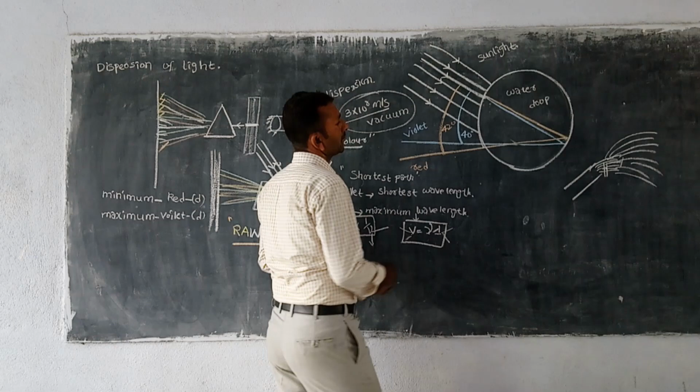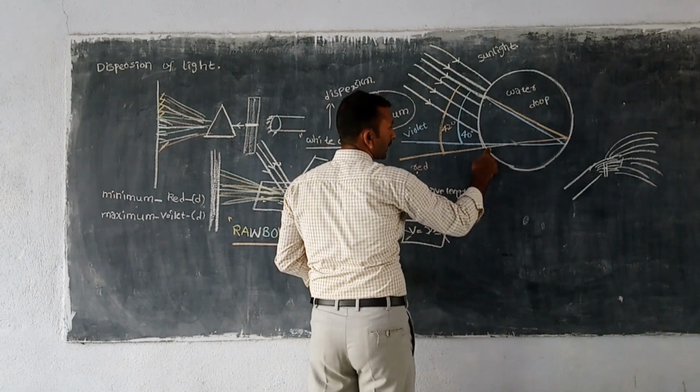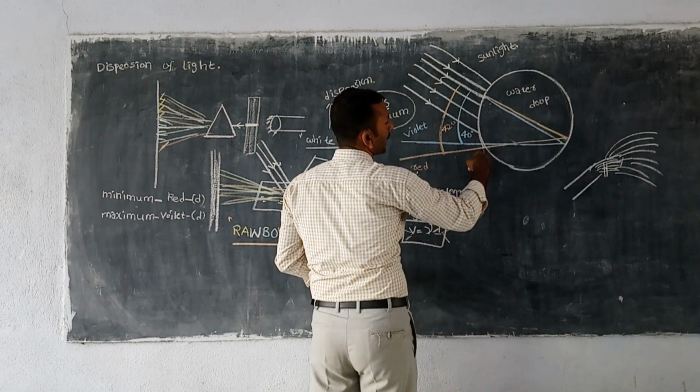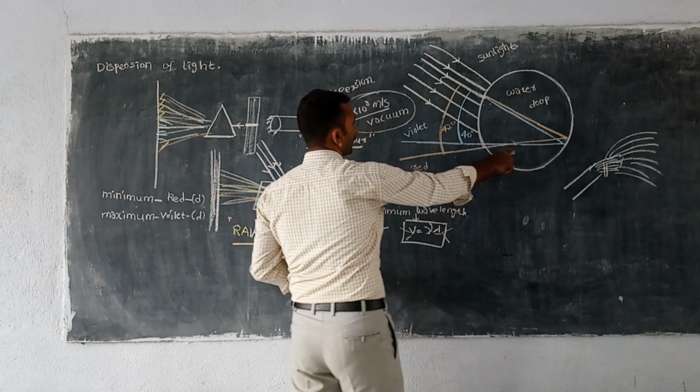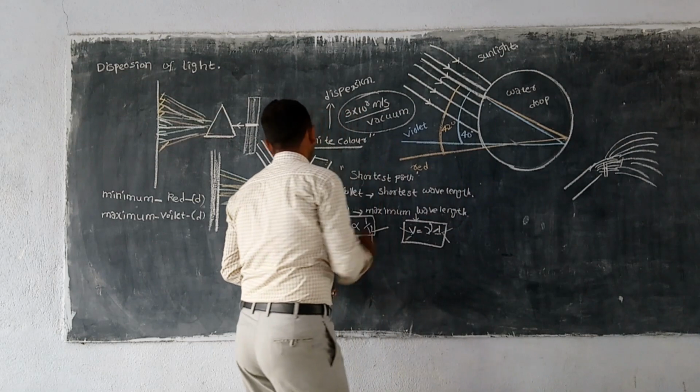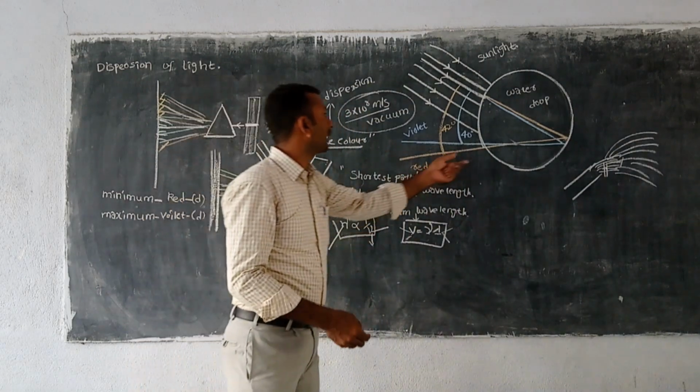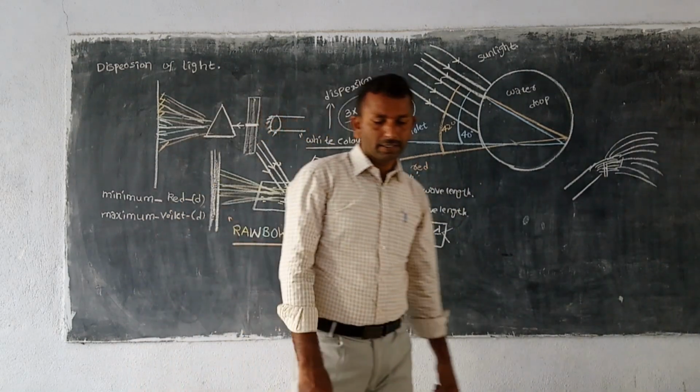And what is happening here? Again it comes out here, and the deviation is minimum for the red color and maximum for the violet color, and it reaches our eyes.